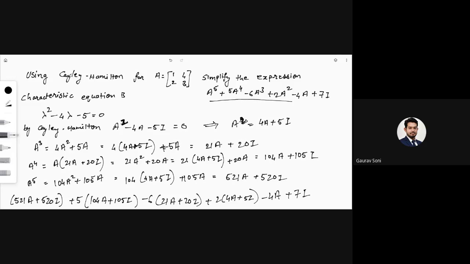So this is the way we can simplify a very large expression to lesser powers of a using Cayley-Hamilton. Those are all the applications of the Cayley-Hamilton theorem.